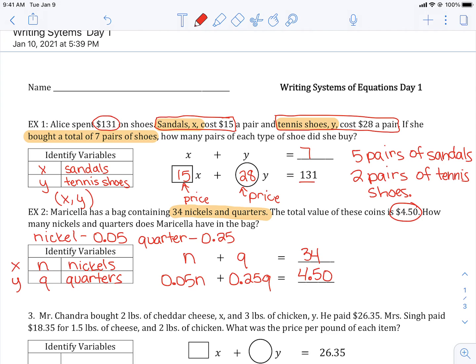I can type this into my calculator, but I have to understand that the N is going to change to an X and the Q is going to change to a Y for the sake of the calculator. So you could write it as X plus Y equals 34 and 0.05X plus 0.25Y equals 4.50.